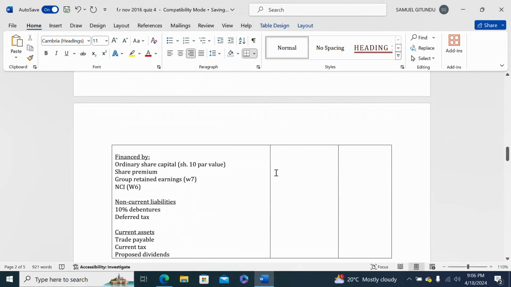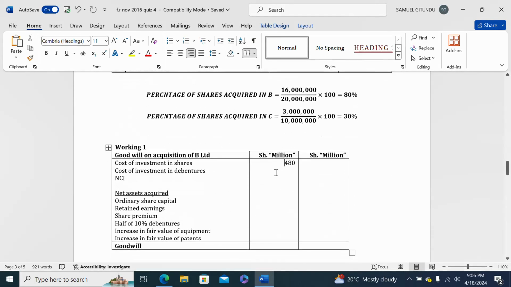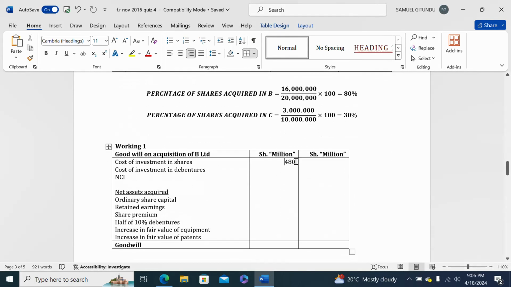Remember, if a parent acquires debentures in the subsidiary, you are supposed to debit those debentures acquired in your cost of control account.